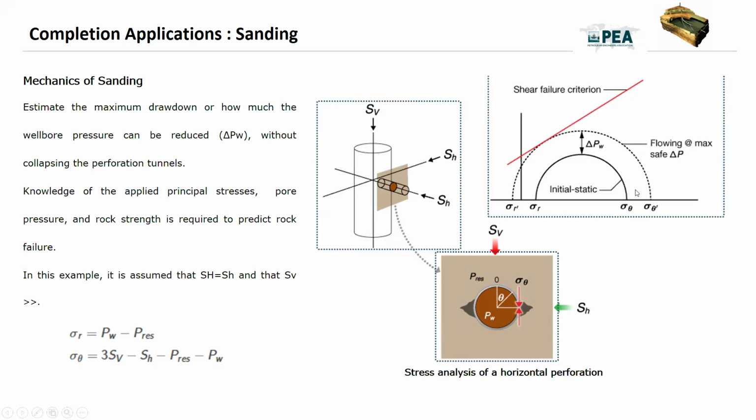If you see here, for example, you are at your initial static stress, but after starting production you have your flowing max safe. This is the drawdown limit. If you exceed this shear failure criterion, you can expect solid production from your reservoir. So it is very crucial to know the applied principal stress in your field.